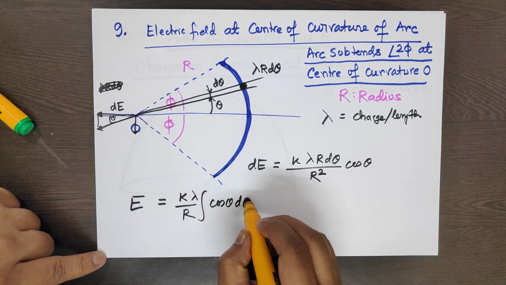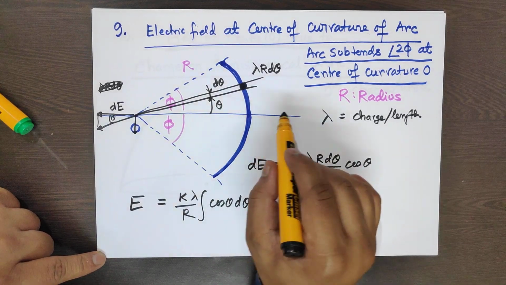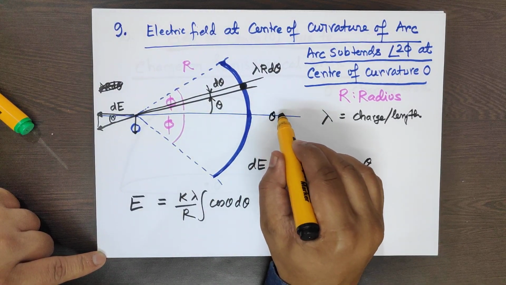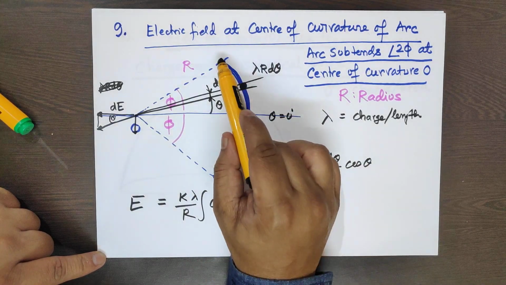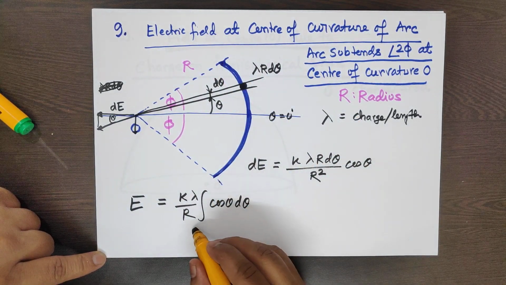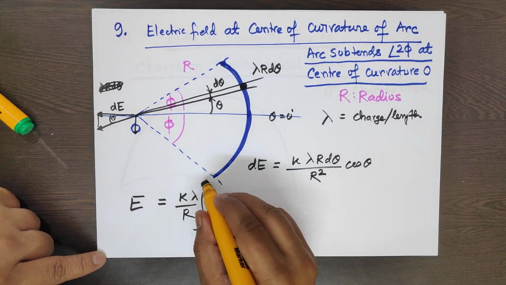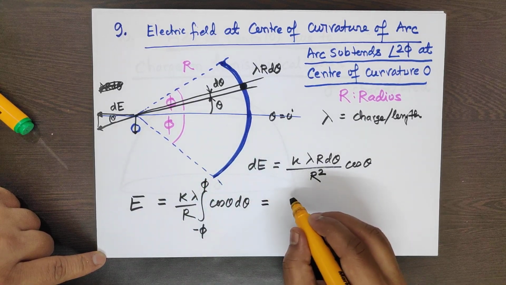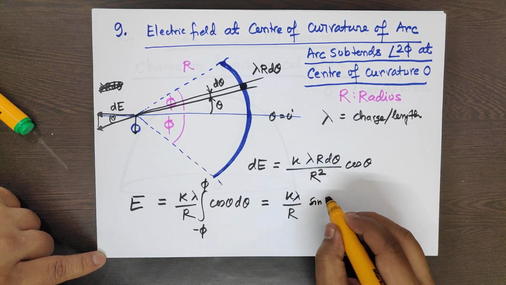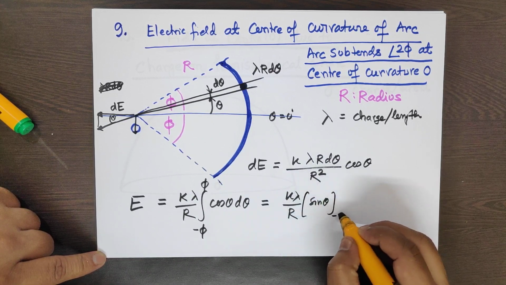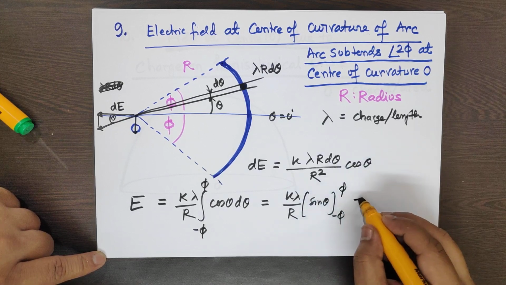cos theta d theta. Now, the limits of theta, see here, for this line theta is equal to 0, for this line theta equal to minus phi, and here theta equal to plus phi. So, the limits will be from minus phi to plus phi, and it will be k lambda by r sin theta from limits minus phi to plus phi.